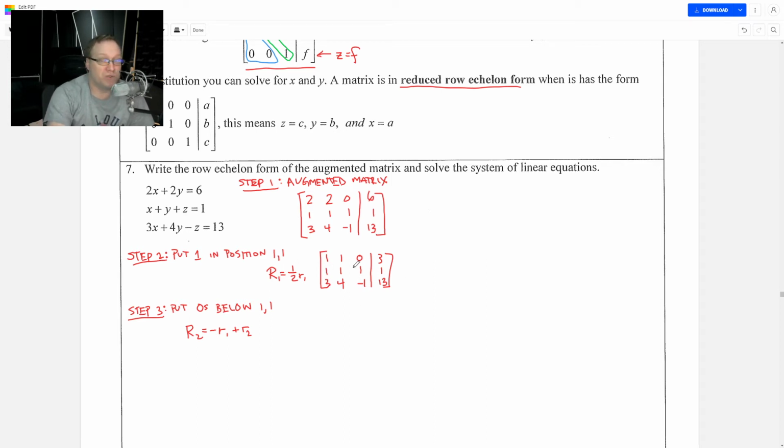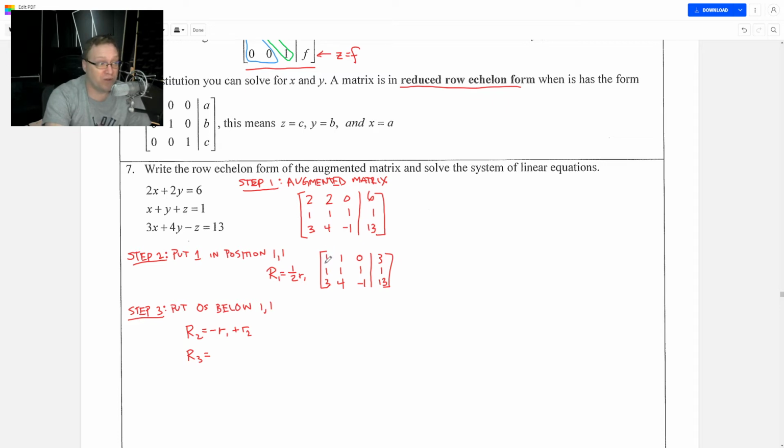All right. We'll do that in just a moment. But we also want to get rid of this in row 3. There's a 3 here. We want to make it equal 0 too. So we want to make a new row 3. Now, how can we get rid of this 3? Well, we could multiply row 1 by -3, right?